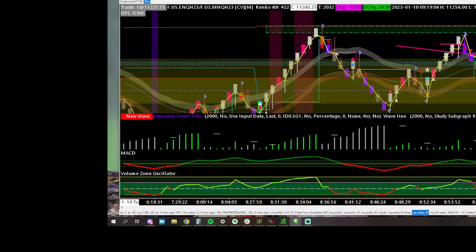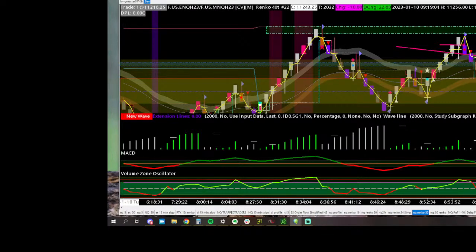But all throughout here, we only had a red X and no blue X. And so once you've gotten this blue X, you need to see continuing buying. Otherwise, they're not going to be able to save it with a big volume bar, unless it's also got an X on it.